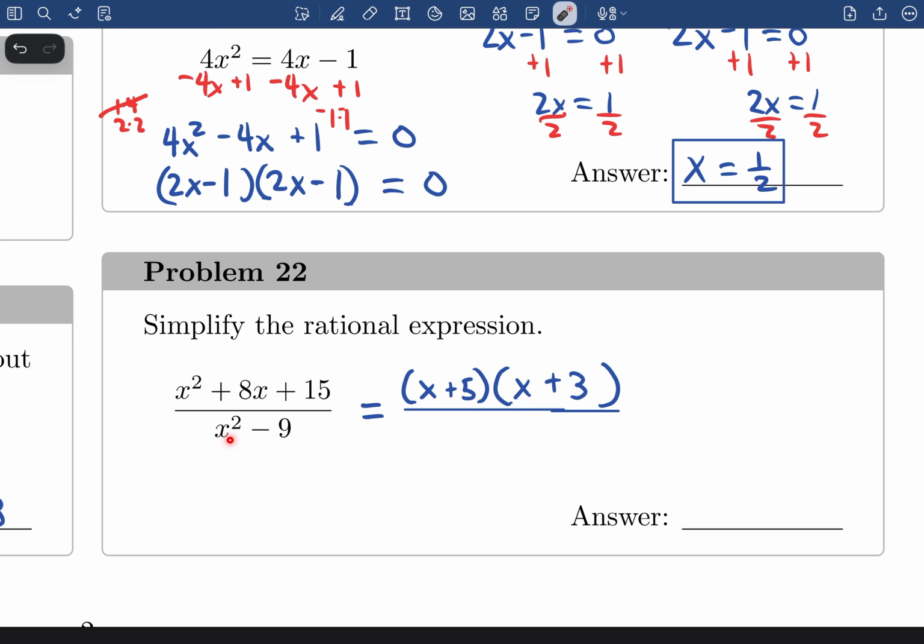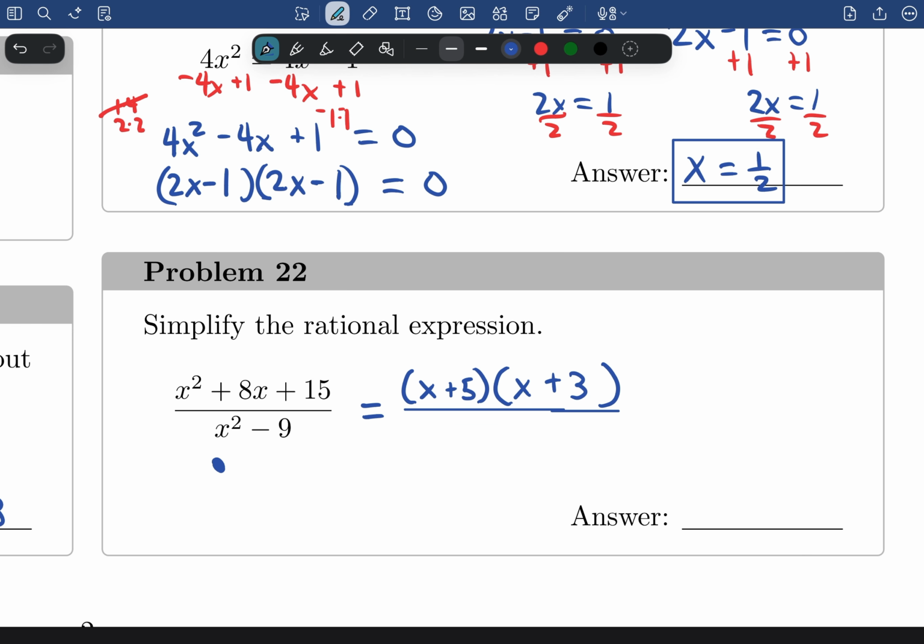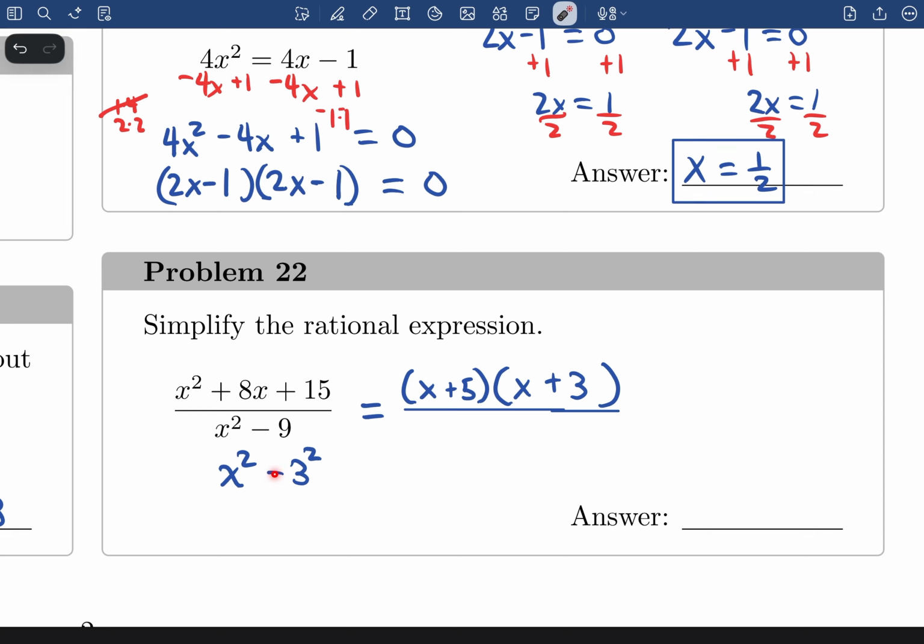And now looking at the bottom, x squared minus 9, I see the difference of squares. We've addressed this multiple times. Difference means subtraction, and that's of 2 things that are squared. Your brain's gonna have to turn 9 into 3 squared.